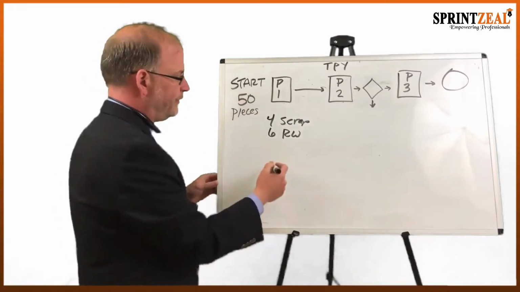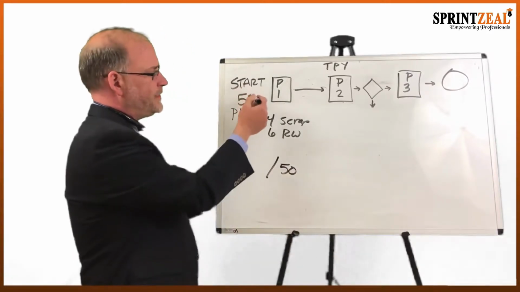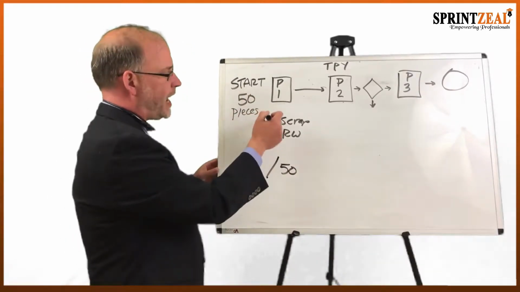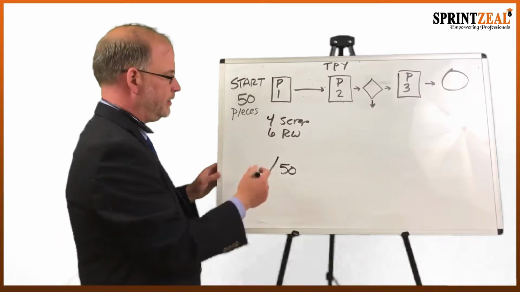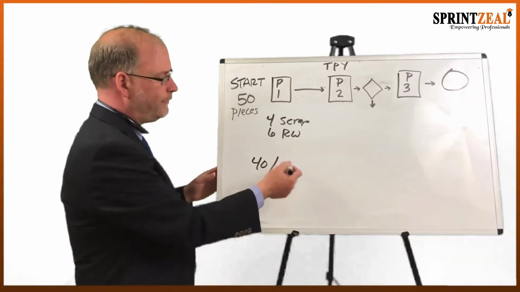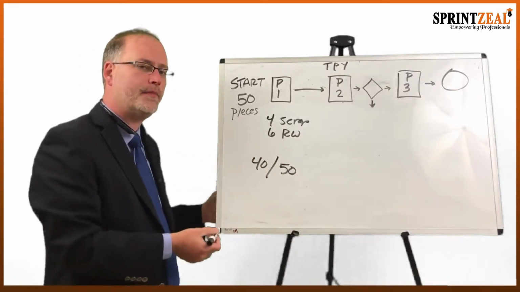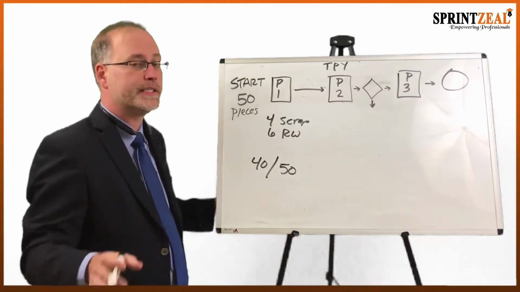So we started with 50. So 50 is our denominator. We take 50 and we subtract our scrap and our rework, and that gives us 40. So out of all 50 pieces, 40 pieces came through process step 1 successfully with 0 defects.